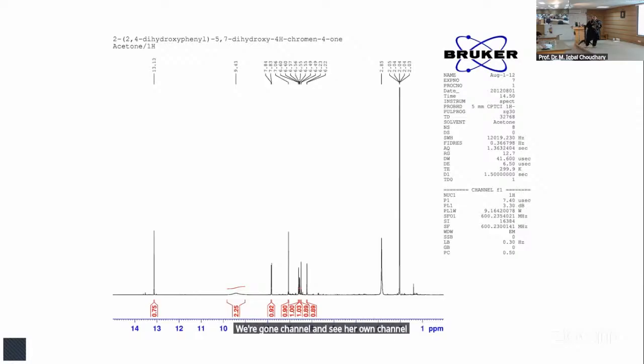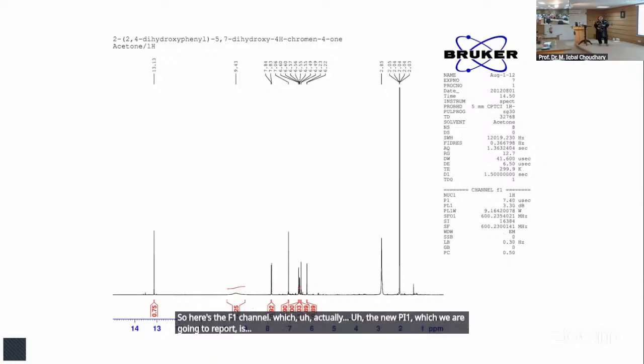In some probes we can have only the proton channel, but there is no use, since we are not using proton NMR only. So we usually have 3 channels. Here the F1 channel, the nucleus which we are going to record, is proton, right?